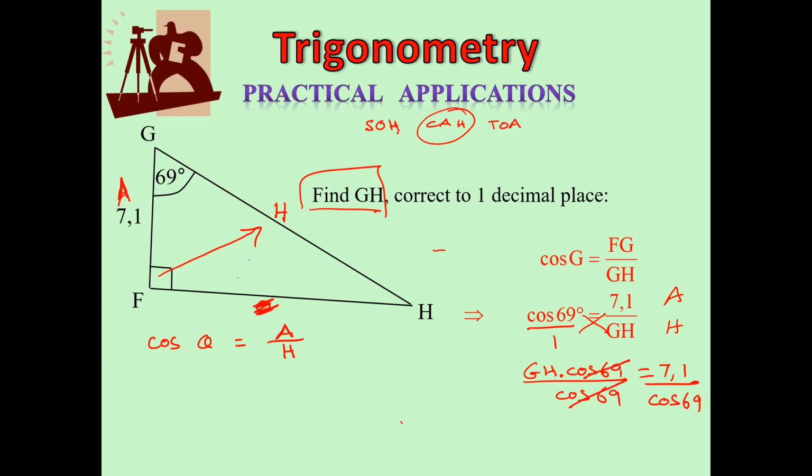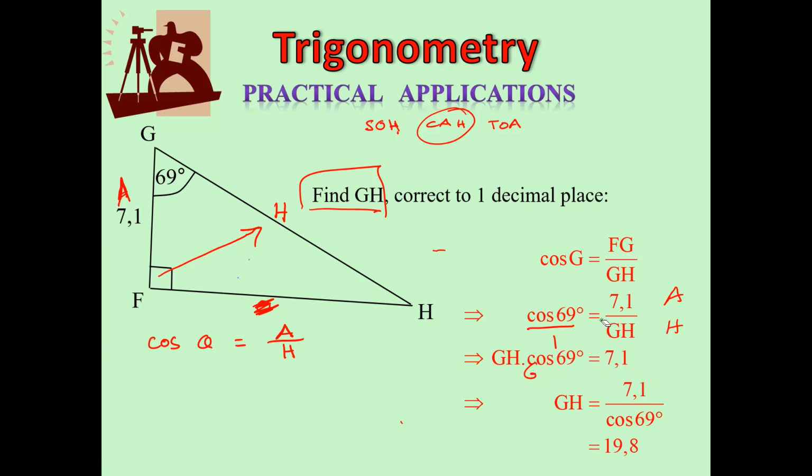Can someone take out a calculator and type that in for me for GH? I'm getting 19.8. Can we have someone confirm that? Yes, sir. All right, so that is an application of using SOHCAHTOA in a right angle triangle.